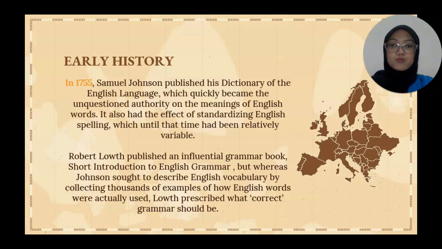Robert Lowth published an influential grammar book, Short Introduction to English Grammar, but whereas Johnson sought to describe English vocabulary by collecting thousands of examples of how English words were actually used, Lowth prescribed what correct grammar should be.